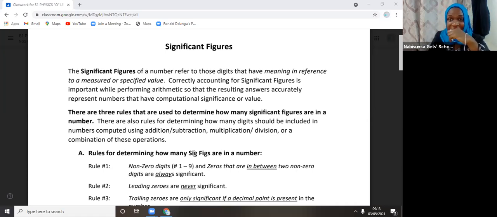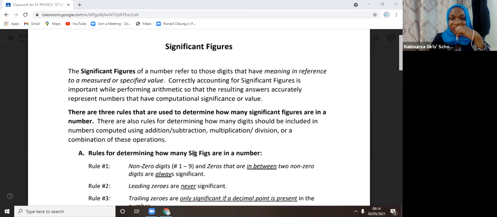Therefore, 1 is a significant figure in the number 100.